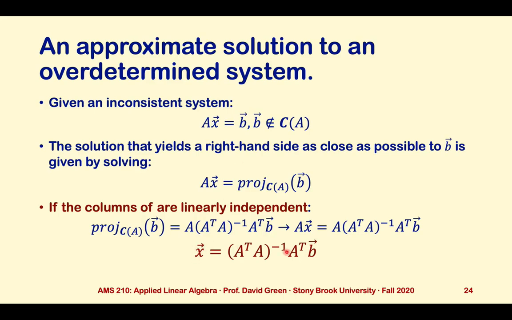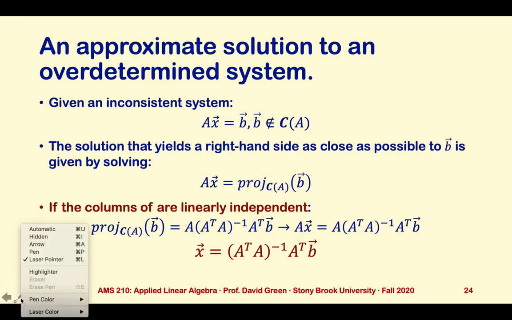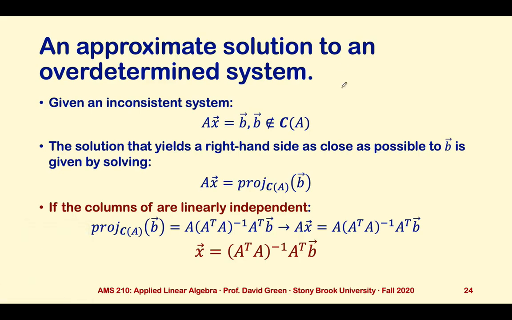We might take a look at this and see that this looks a little bit, conceptually anyways, like an inverse. Remember that in the case of a non-singular system, we had some Ax equals b, and as long as A was a square non-singular matrix, we could rewrite this as x equals A inverse times b, some matrix that we multiply by the right-hand side to give us x.